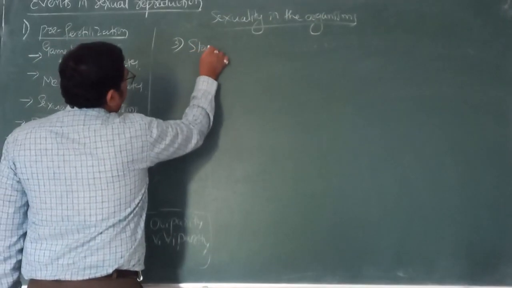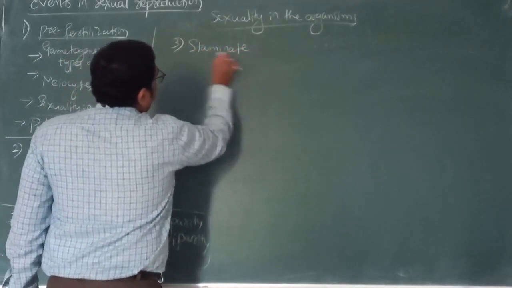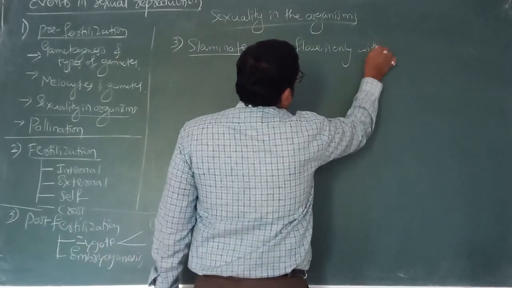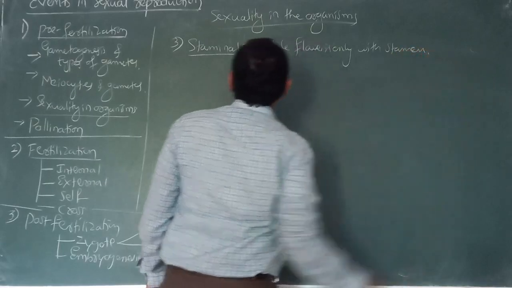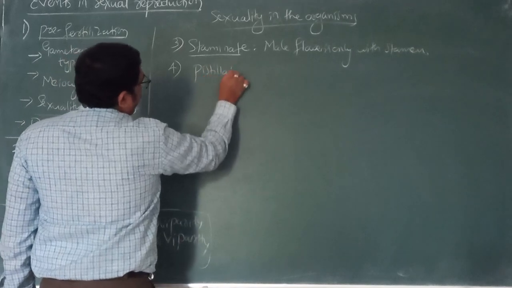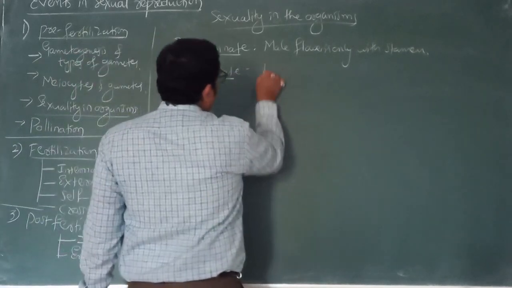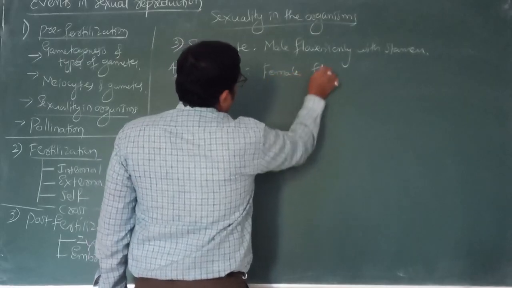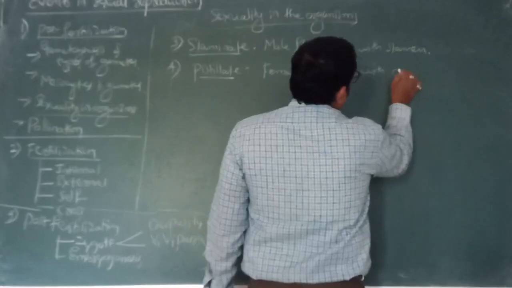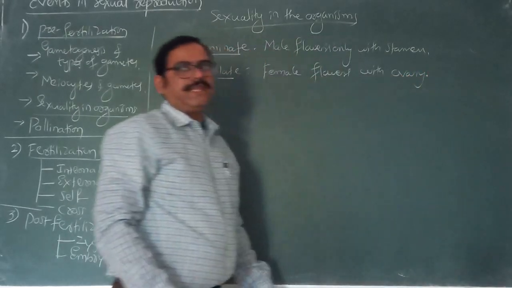So the third important term: the flowers can be staminate, meaning they have only stamens, the male flowers only with stamens. Pistillate means what? Female flowers with the ovary or gynoecium only.